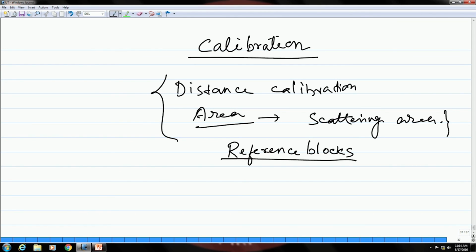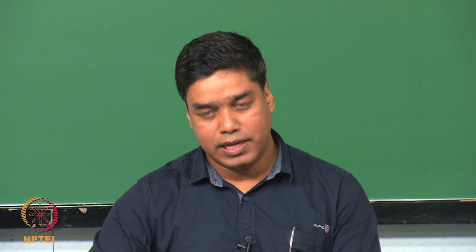So, these are the kinds of calibration blocks you have, and in the next class we will see how these calibration blocks are used to calibrate the instrument both for distance as well as for area.